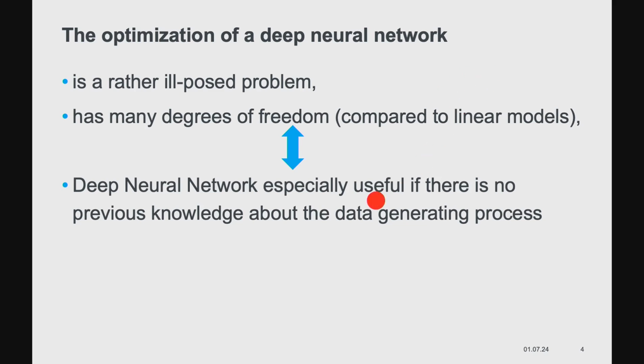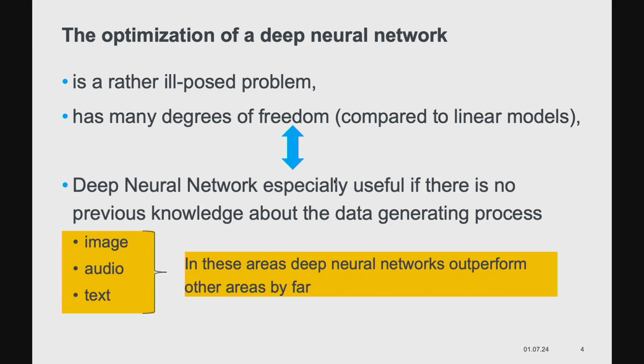And you don't need background that you have a Gaussian or power law or whatever. And especially people have struggled to model images, audio, and text. And these are the areas where neural networks are by far most successful.